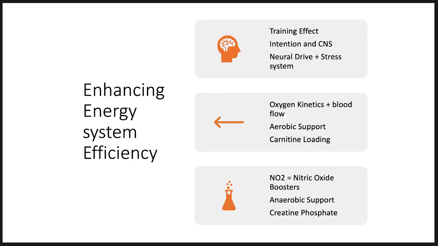So what we can see once we've enhanced energy system efficiency is we need to be thinking about other things, other systems, neural, oxygen kinetics, blood flow, nitric oxide boosters, and so on and so forth. So sort of paving the way and also helping you delve in a bit deeper. We spoke about the body systems before, and hopefully this is enabling you to differentiate and see what we're looking at in terms of why we might use a particular substance at a particular time.